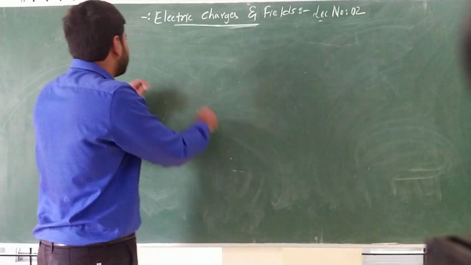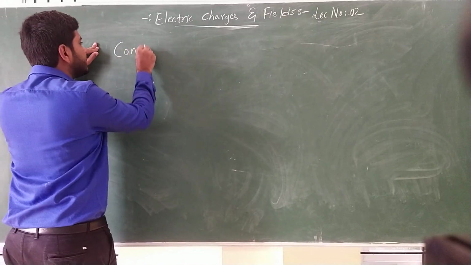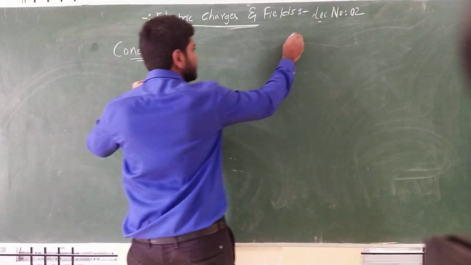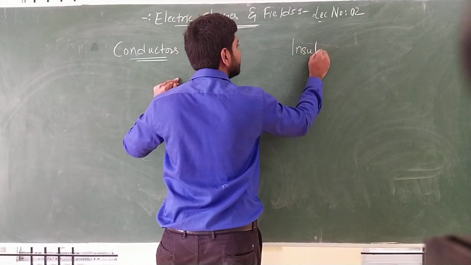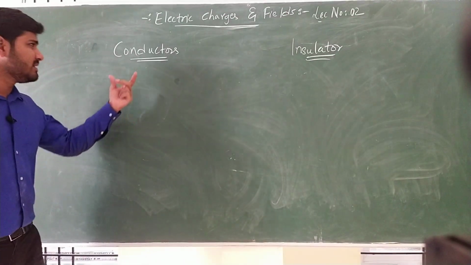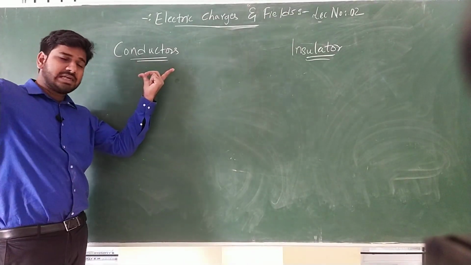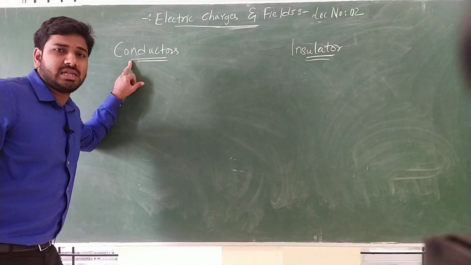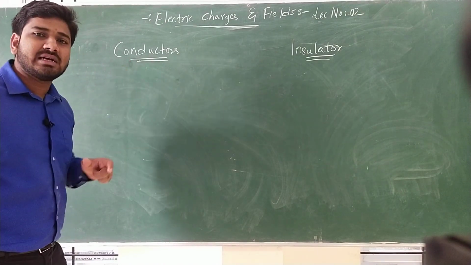Okay. Now one more thing: what are conductors and insulators? No need to discuss much, I will just give you the definitions, and you already know them from 8th class. Conductors are anything which allows the passage of electric charges through them.